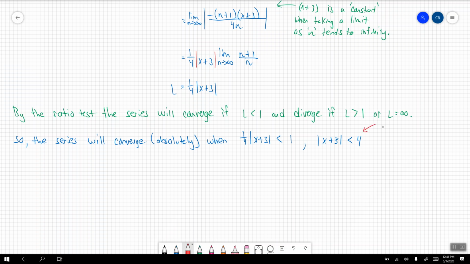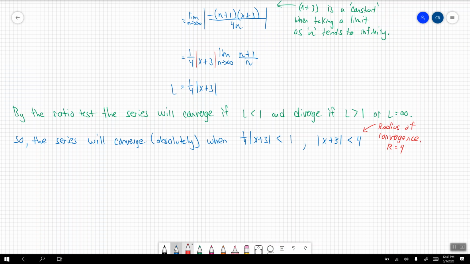We often call this R, capital R. Capital R is equal to 4.